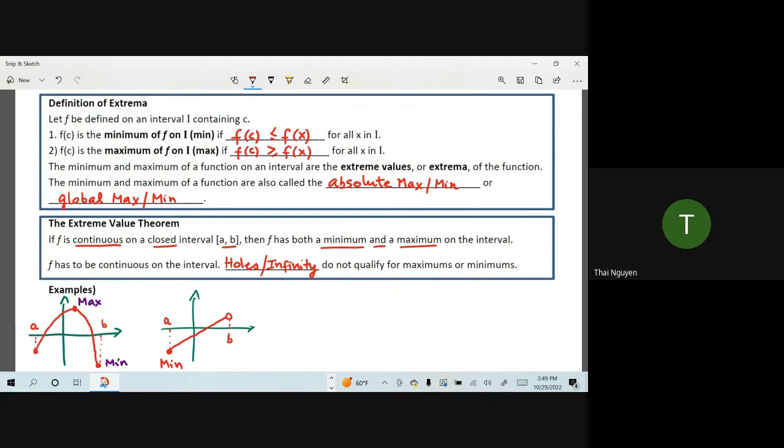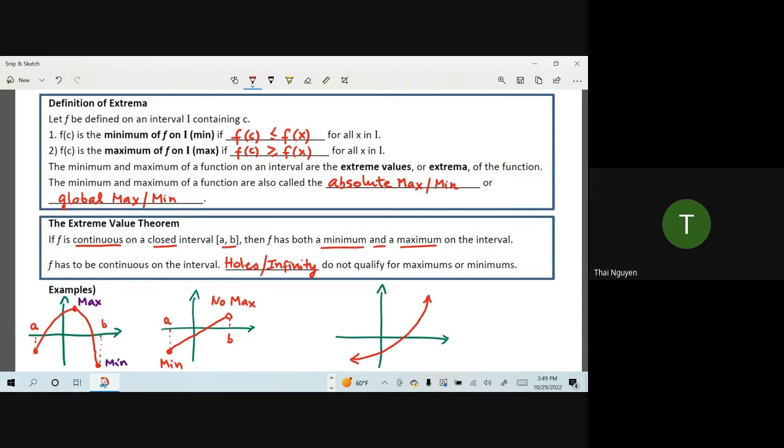So look at the third example. The third example fails the theorem because it's not on a closed interval. You see the two arrows, which mean that the function is defined in a domain from negative infinity to positive infinity.